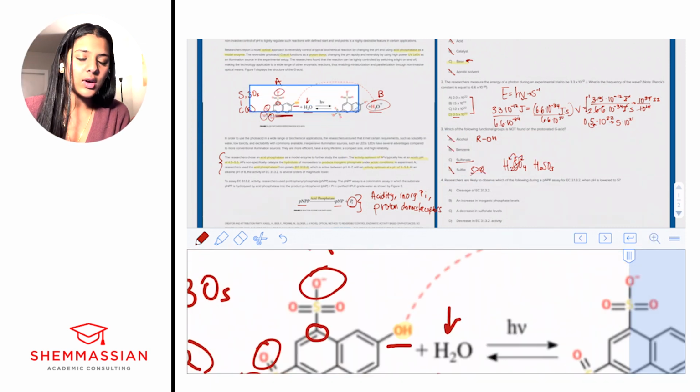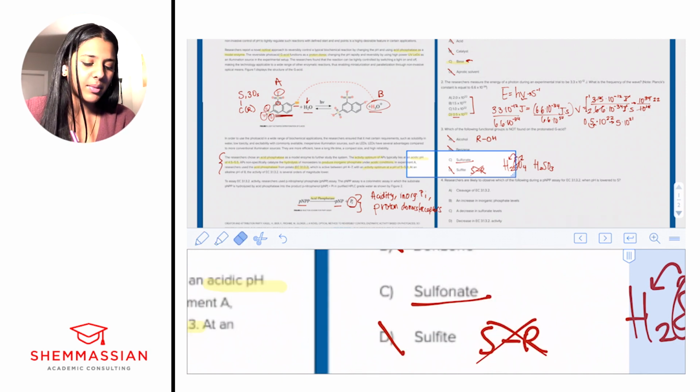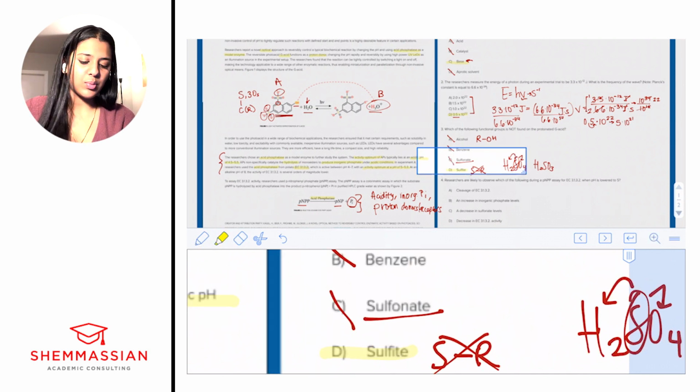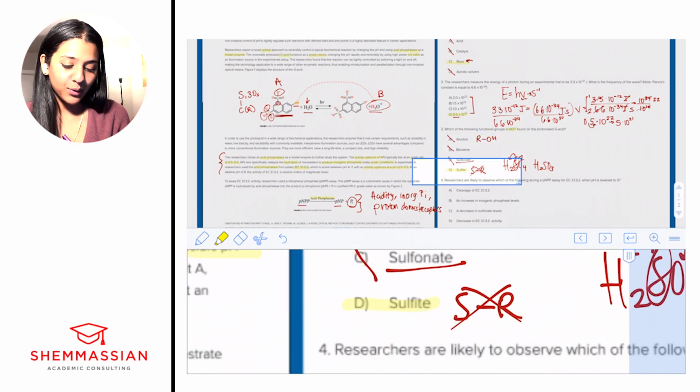All right, so I'm thinking about what I read about this earlier in the passage. I think I read something about it over here when they were talking about this experiment. And so I highlighted EC 3.1.3.2, the name, so I could find it easily, because it sure is a mouthful.